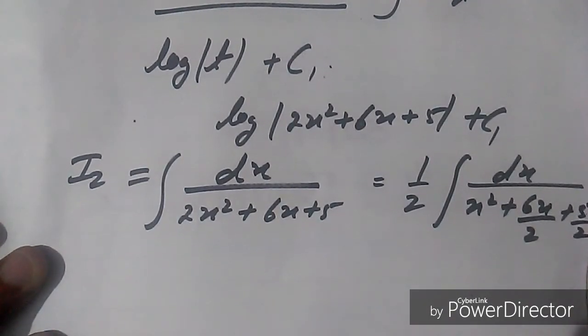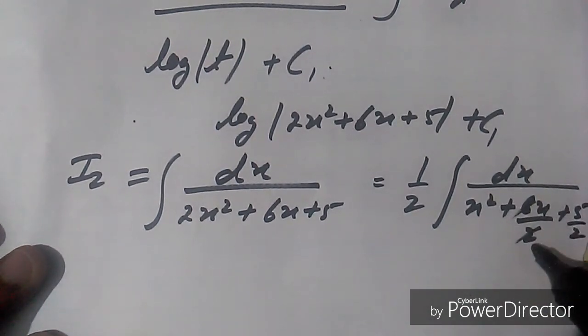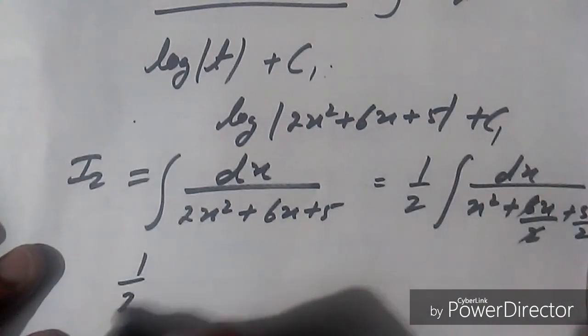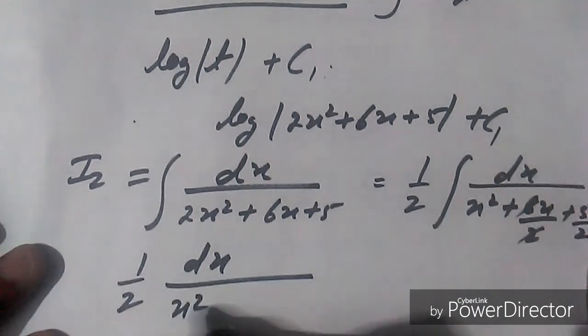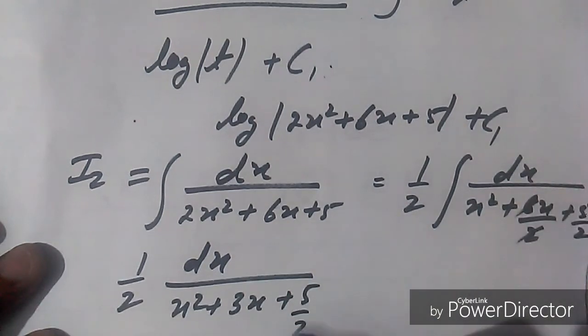At this point we divide 6 by 2, that is 3, and write it as x square plus 3x plus 5 by 2.